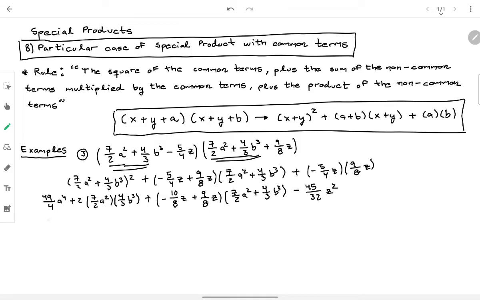So we will have something like 49 quarters a to the 4th. Then it's going to be plus 28 thirds a squared b cubed.